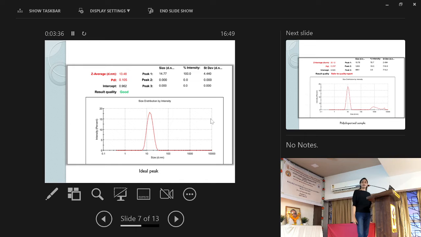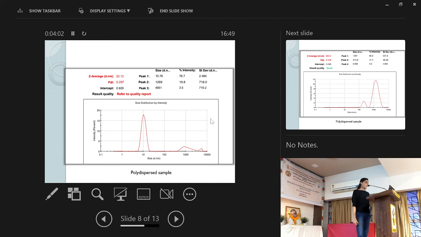This graph indicates intensity and size. For my sample the average particle size was 13.48. The distribution range is small, meaning it is a narrow distribution, and therefore PDI is less. This is the ideal peak we should obtain for a monodispersed sample.